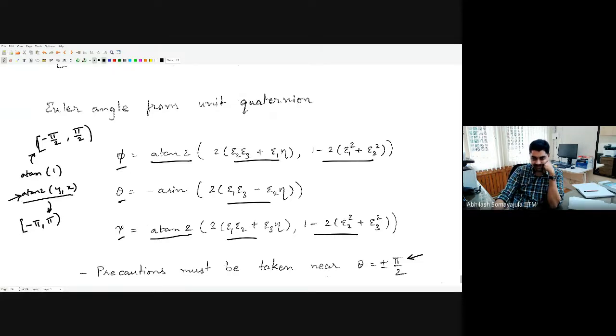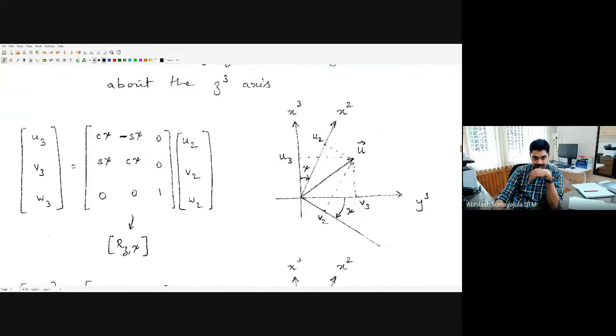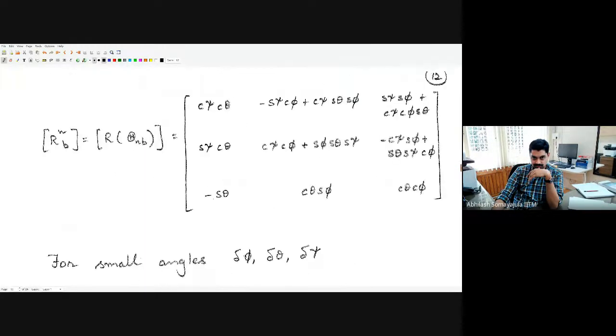So just to take it as an example, let us go back and find our angle phi, for example, from the rotation matrix. So this was our rotation matrix, isn't it? If I wanted to find the angle phi, how can I find it?